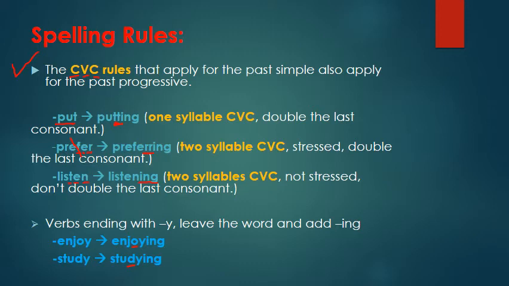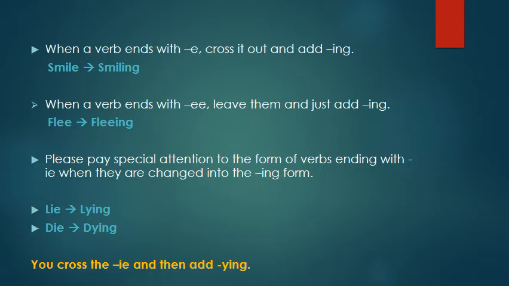For example, if I want to write study in the past simple, I would erase the y and add ied. However, when I am adding an ing, okay, I keep it and just add ing, no matter what there is before it, consonant or vowel, that doesn't matter. Okay.